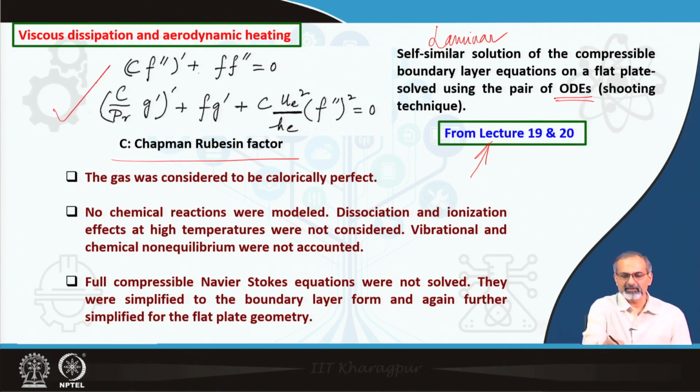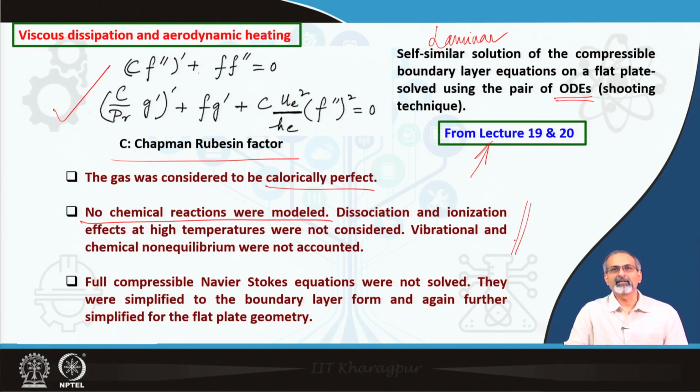The gas was considered to be calorically perfect. No chemical reactions were modeled. Dissociation, ionization effects in high temperature were not considered, and also vibrational and chemical non-equilibrium were not accounted. As you can understand, if you are to model all these things, then the ODE structure will probably fall apart, and you will have to account for all these effects in a more complete way.